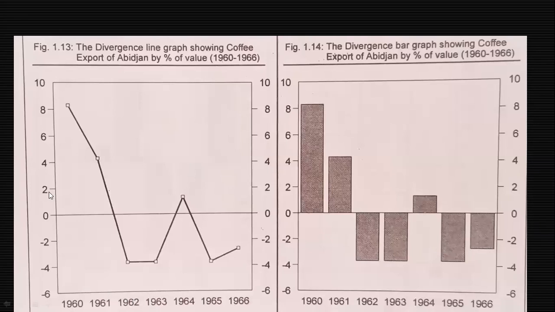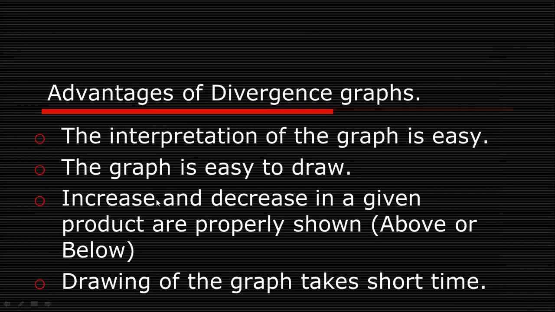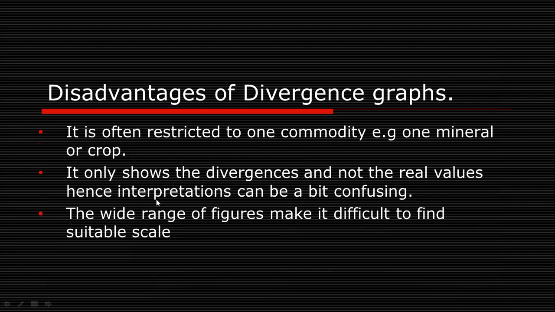And then even on this side. So in circumstances of that kind, these divergences may not be clear. But if these values have been given in values, for example, 5,000, one will be able to interpret. So it becomes a challenge, it may be confusing for someone to easily interpret. Then if the figures are given in wide ranges, it becomes difficult to find the suitable scale.